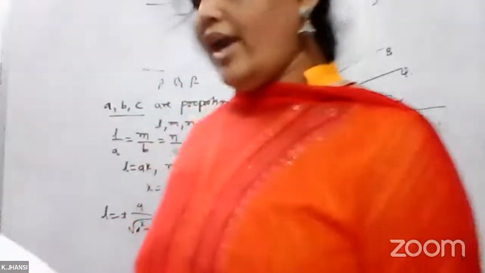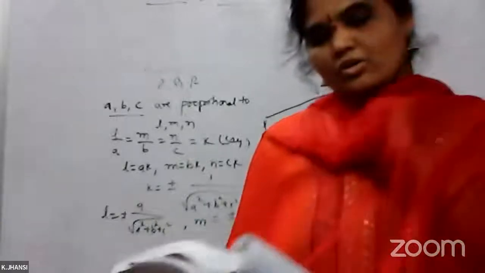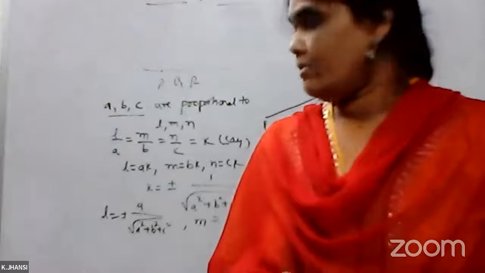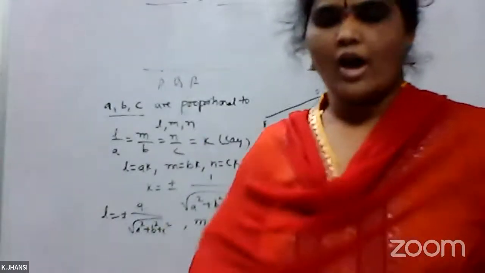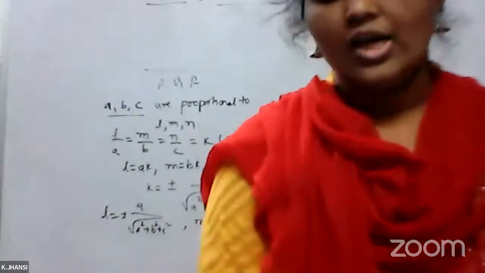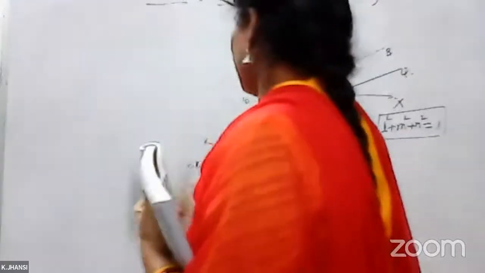It is the plane, and the various forms of the equation of the plane. Generally, the equation of the plane will be ax plus by plus cz plus d equals 0, or sometimes they will give it as equals d also. This is the general form of a plane.